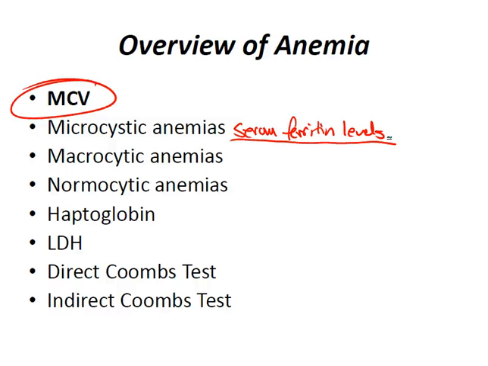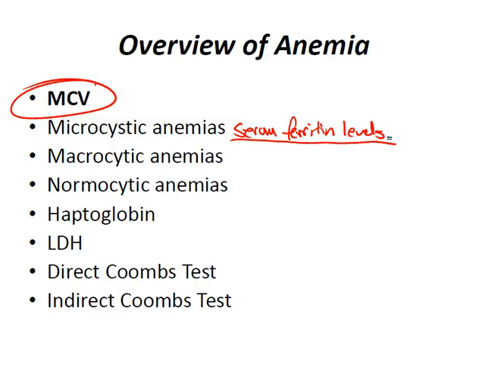Other lab findings include a hyperhomocysteinemia seen in both B12 and folate, but only the methylmalonic acidemia is seen in B12 deficiency. The two drugs that can induce this are AZT and phenytoin. And that is macrocytic anemias for you.